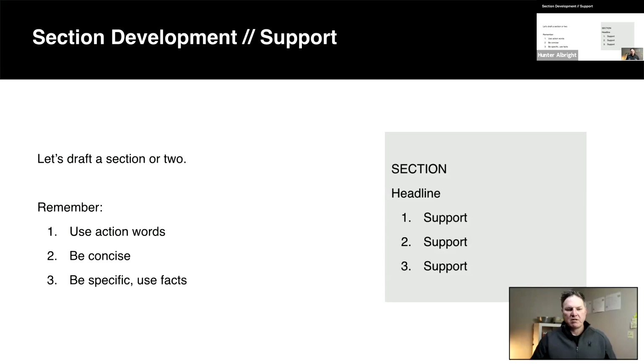Again, if you want to write it more in prose, that's up to you and your style and how you want to bring out your personality. Or you can do it as more of a bulleted list, like the other example I showed of blocks of headline with supports. But do remember, I encourage you to use action words, be concise, and if you're going to say it's going to increase or decrease, try to use numbers to be as specific as you can.